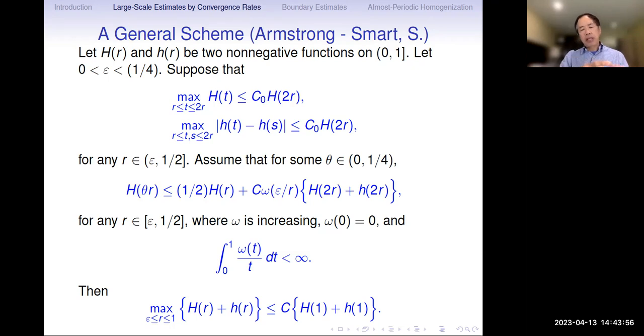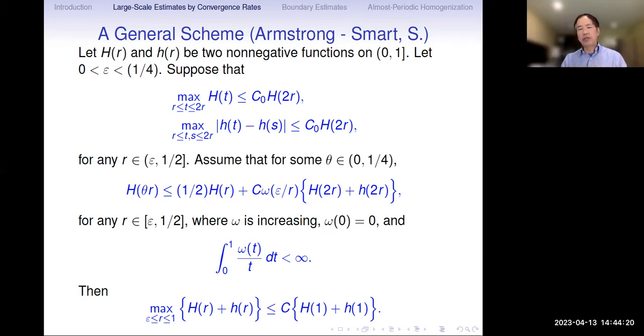The first inequality just says that for t between r and 2r, the maximum is controlled by a constant times H of 2r. So I'm not assuming H of r is increasing, but this property would just be fine.